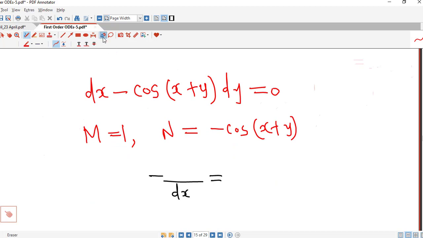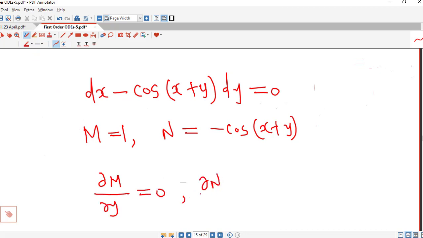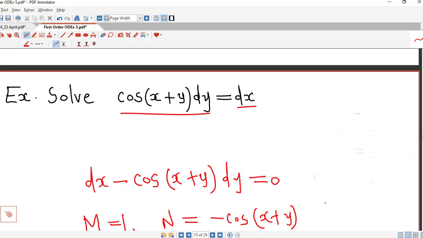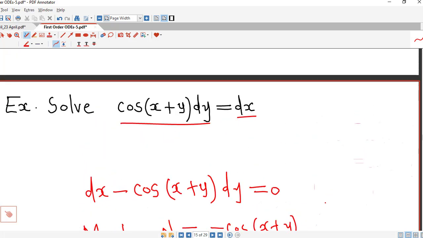So obviously this is not exact, because the partial derivative of M with respect to y is going to be 0, and the partial derivative of N with respect to x is going to be sine of x plus y. So this is not exact. So the given differential equation is not separable, not linear, and not exact.